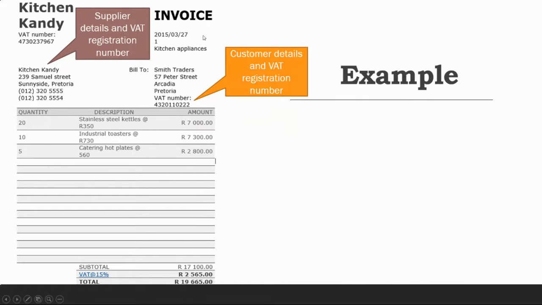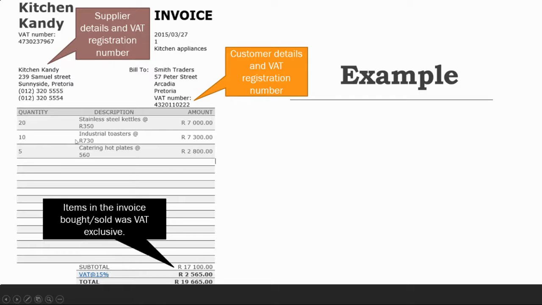You've got a date. Then you've got a description of what they actually acquired: the quantity, the description of it, the price per unit, and then the amount for the quantity that was purchased. Then you need to show the amount excluding VAT. So everything up here added together gives you the amount exclusive of VAT.